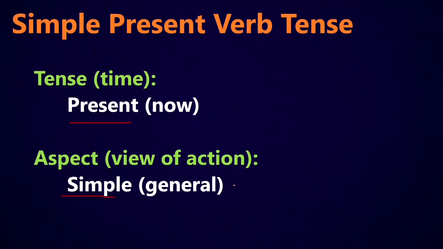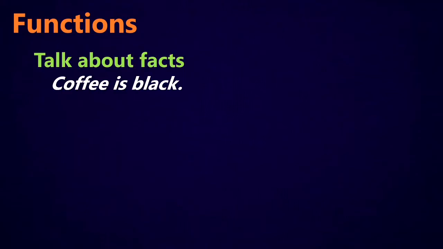And they found that the simple present verb tense was used over 50% of the time. So this is the most commonly used verb tense in English. So you can think of it as the general verb tense in English. That is, if you're going to be using a verb tense, just use the simple present unless you have a specific reason not to. So let's look at some of the functions of the simple present.